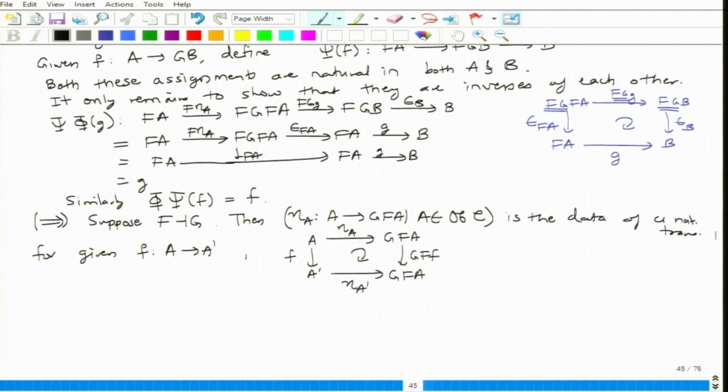No, we are trying to show that it is a natural transformation. We have a bunch of maps. Eta A is a morphism, that we know. But why is it the data of a natural transformation?